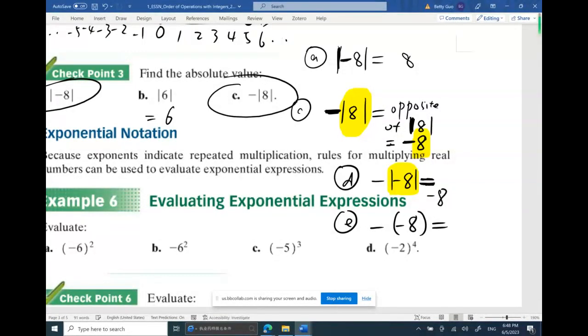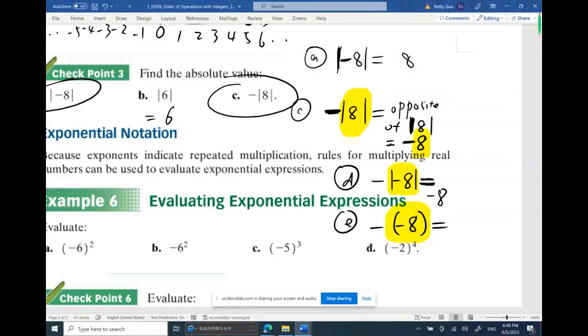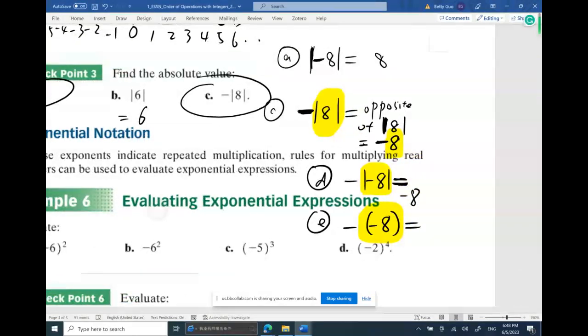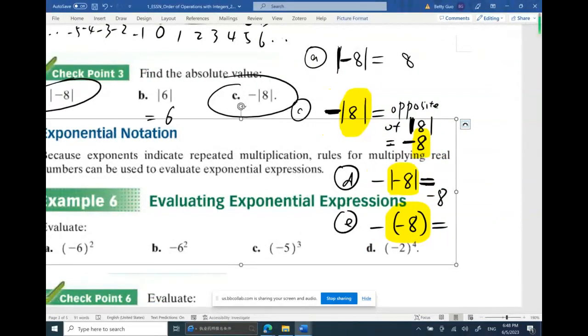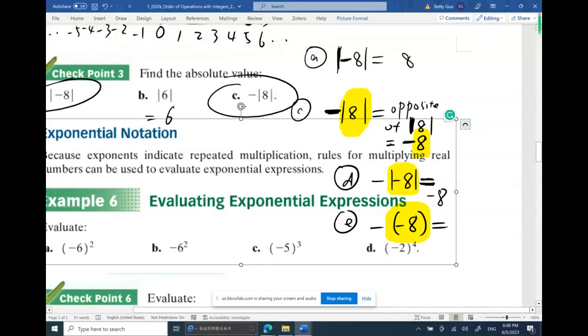What about part E? If you use my strategy, seeing the negative sign as opposite, you can get it done very fast. How do we see part E? The opposite of the yellow, right? So it's positive 8.